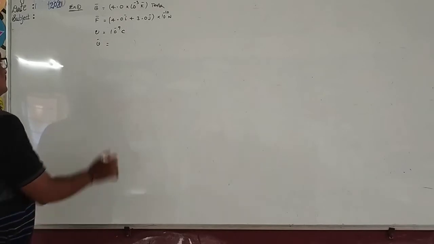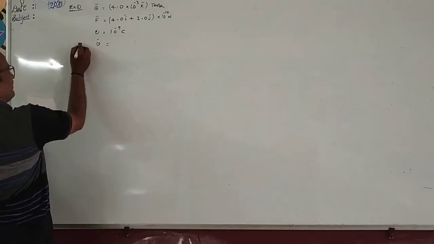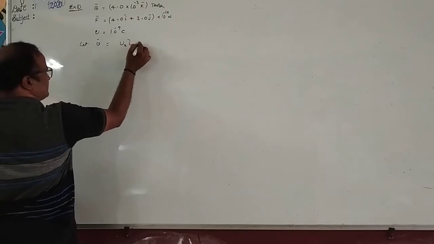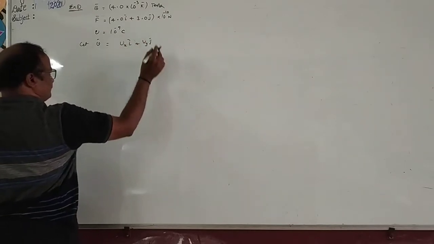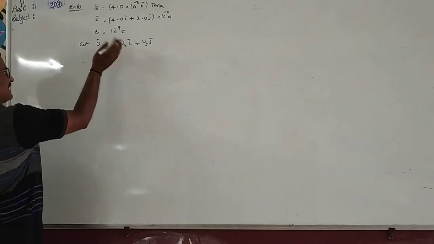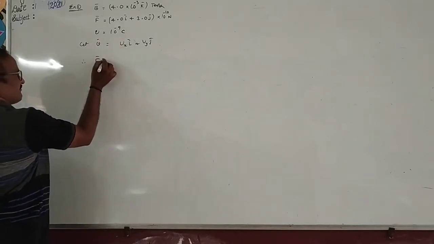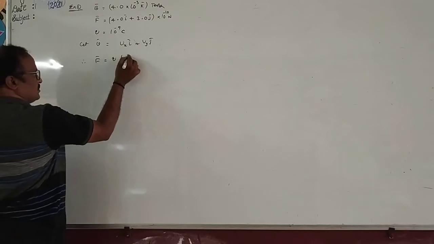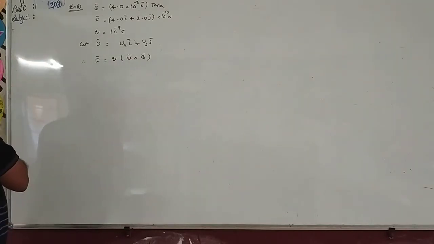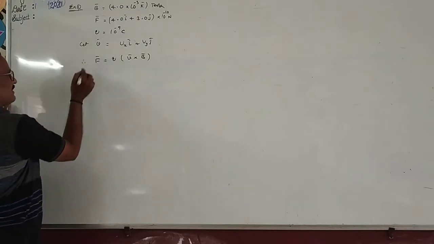Again, you know the formula. Let V bar is equal to Vx I bar plus Vy J bar. Now the force acting on the charged particle in the magnetic field, F bar, is equal to Q into V bar cross B bar. What is F bar?